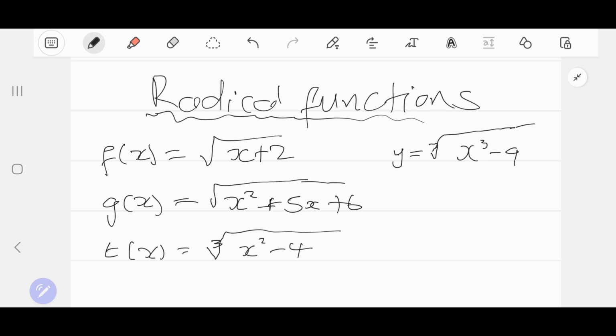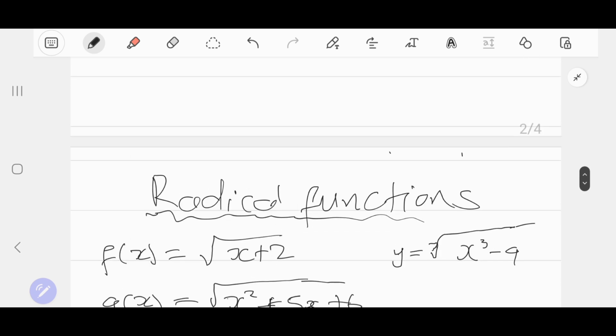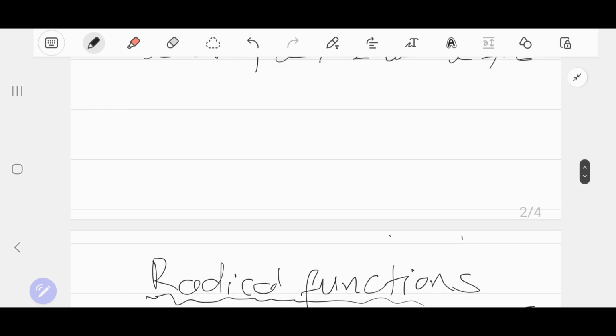So before I can really show you how to find these types of functions, let's say you have a number a that is placed under an nth root. People, you must be careful. Let's say now your n is even.